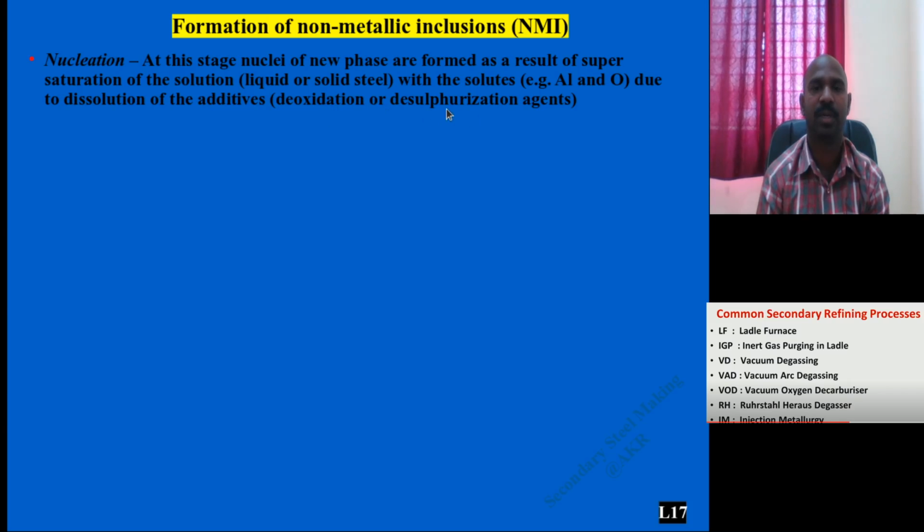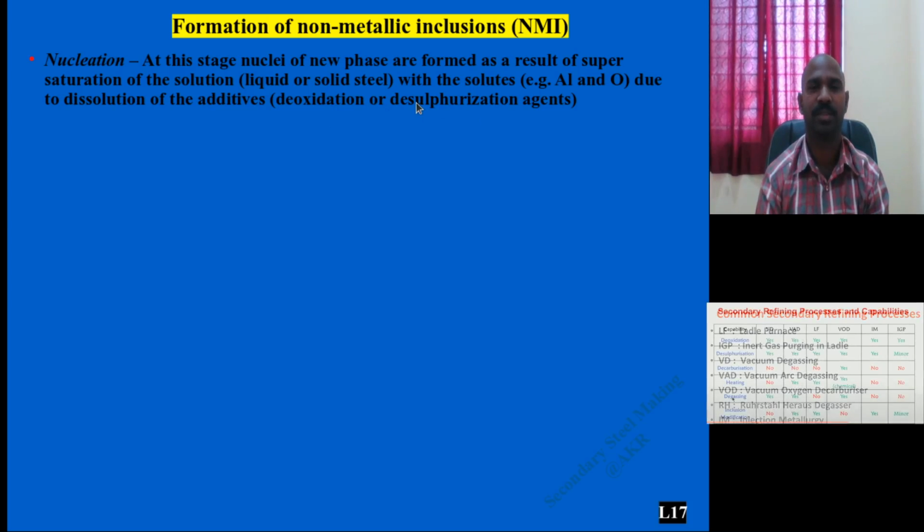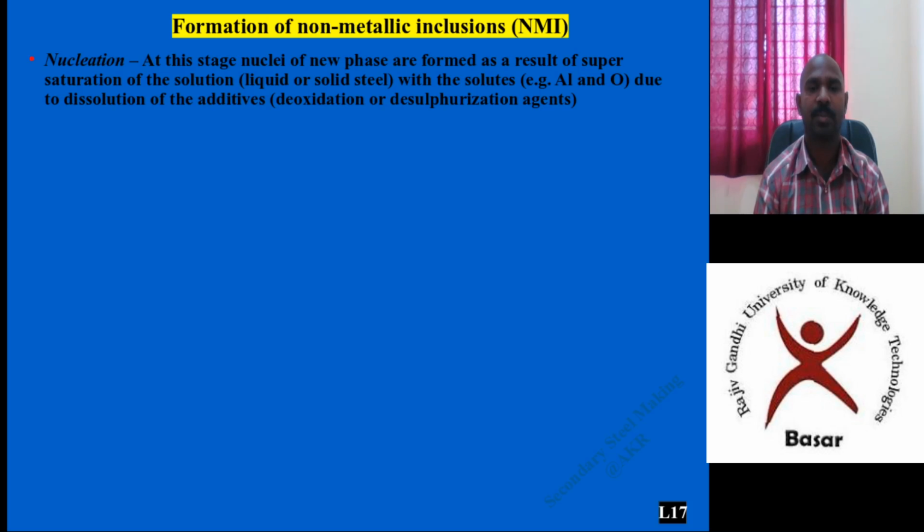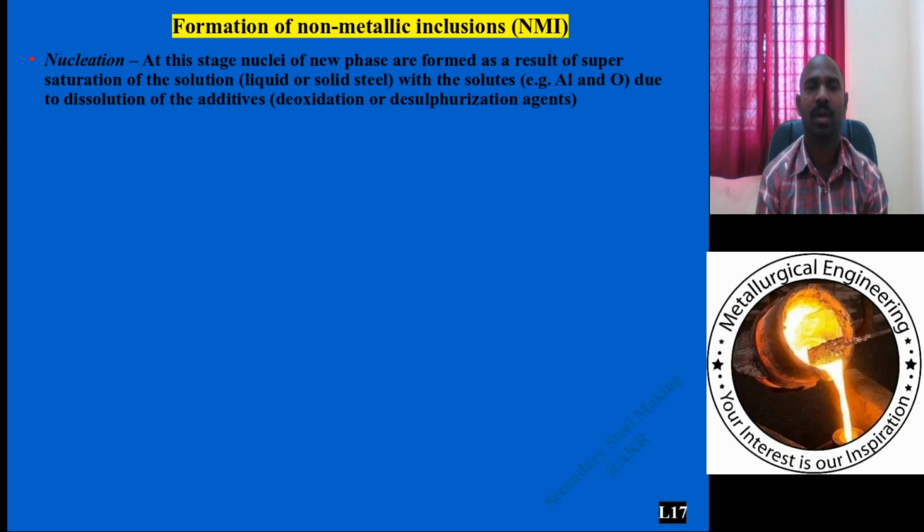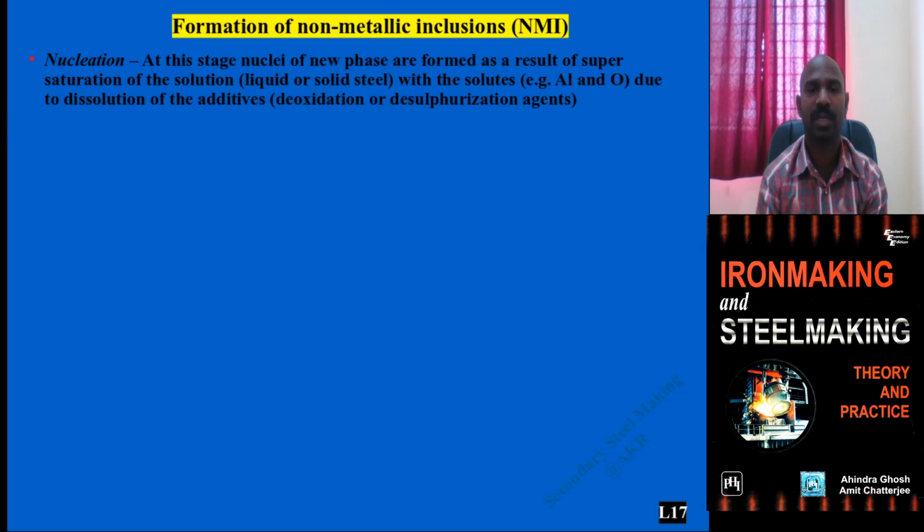During these stages, if the dissolved sulfur in the molten metal is high, there is a chance of sulfide inclusions remaining. If the dissolved oxygen content in the molten metal is low, more oxide inclusions are formed and float at the top. These are nucleation sites.